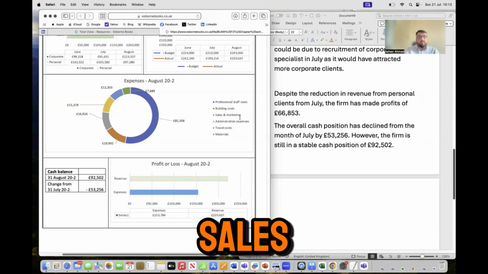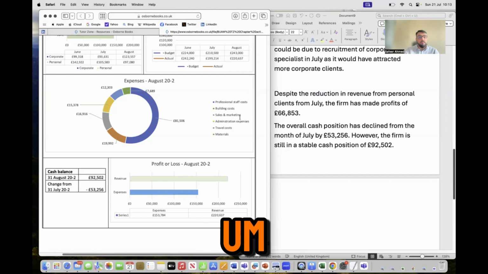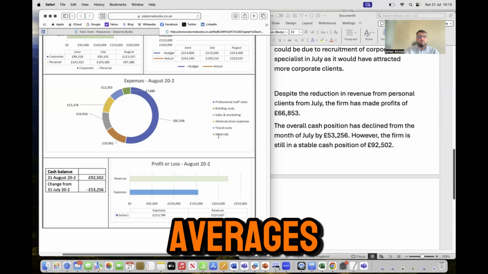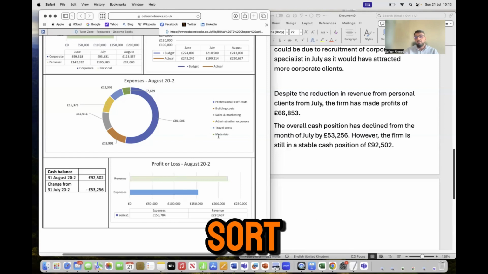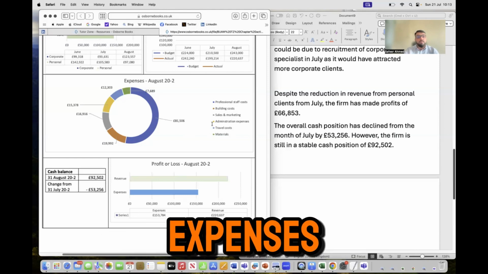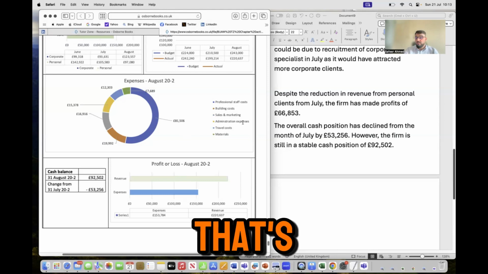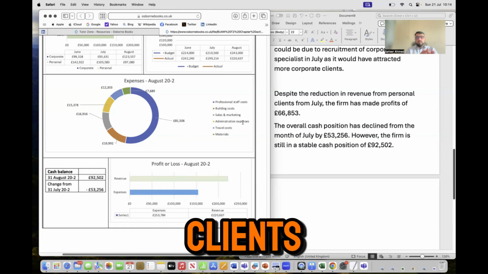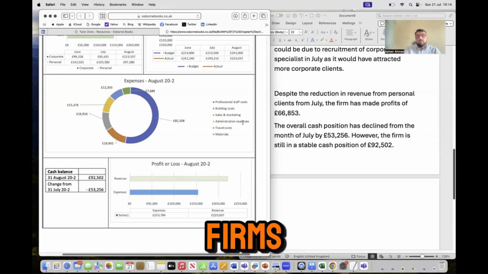Sales and marketing cost, we can see that 16,916, and again, that's in line with the industry averages normally in this sort of business. Administration expenses, which is 15,378, that's understandable as well. The stationery side of things and all of the other office stationery expenses, because again, it's in relation to all of the clients that the firm needs anyway.